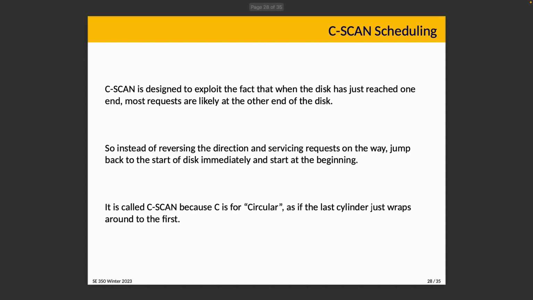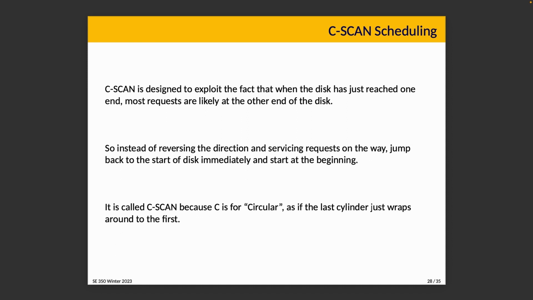You might have also noticed here that when we finish at one end of the disk, so like we made it up to 183, we go up to 199, if there are requests outstanding, they're likely to be at the other end of the disk, right? If something was nearby, we probably got it already, so it's likely that whatever we've just finished in this area is now done, and requests have been accumulating at the other end of the disk.